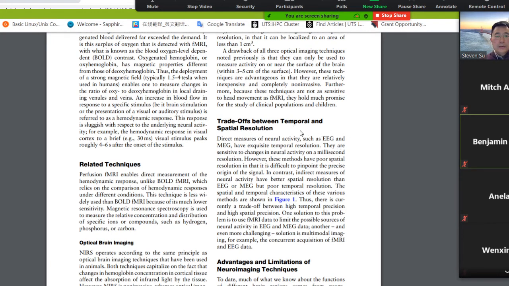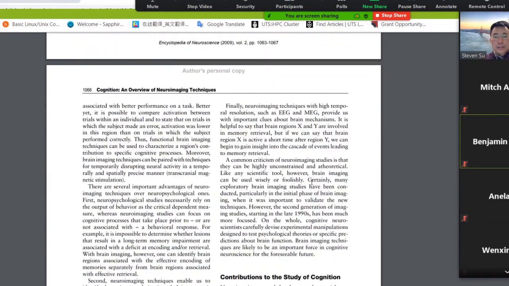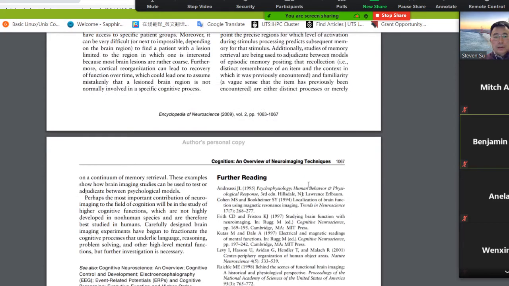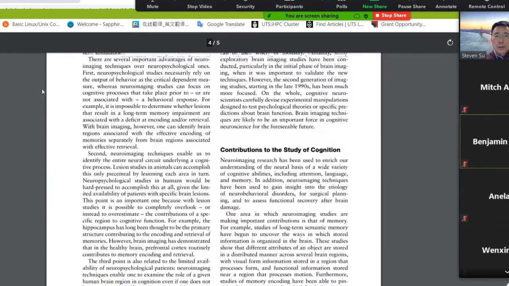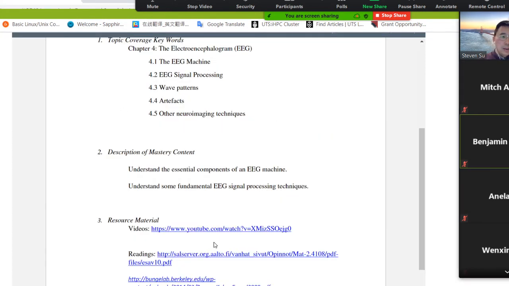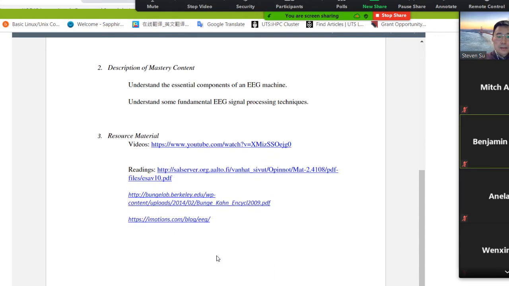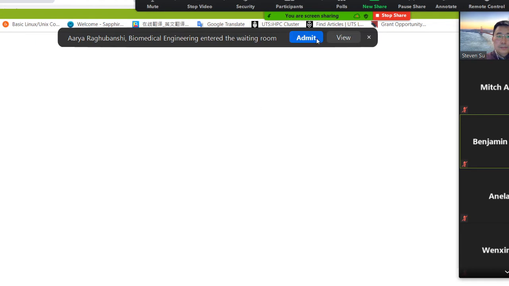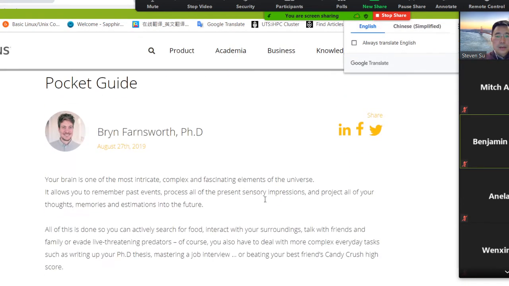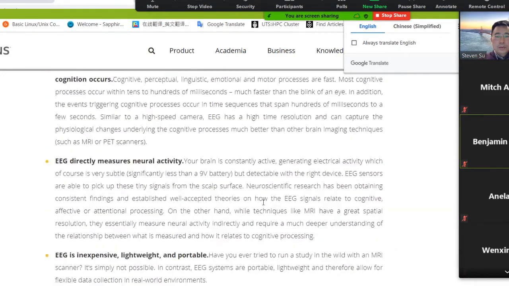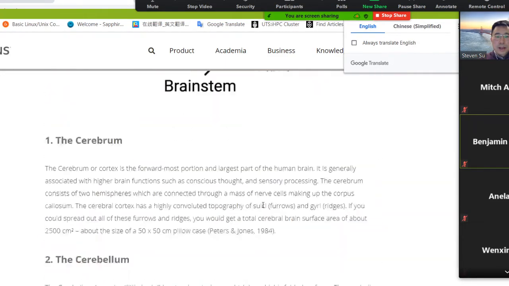EEG is good for temporal recording, but you have other kinds of sensing machines. So you need to read this one. It's a very good research paper. For your assignment one, you may need to read lots of papers like that, and also some EEG knowledge, including the frequencies we just discussed.